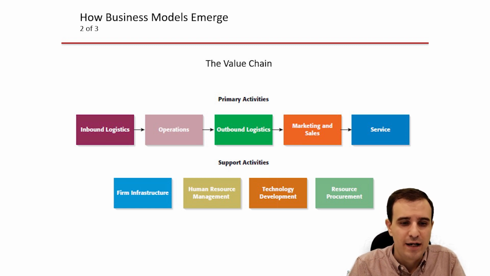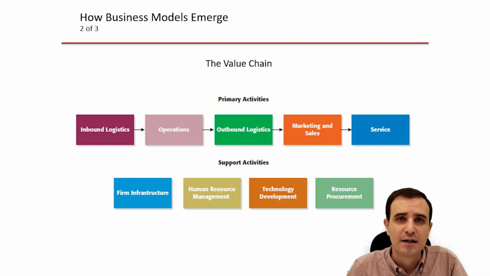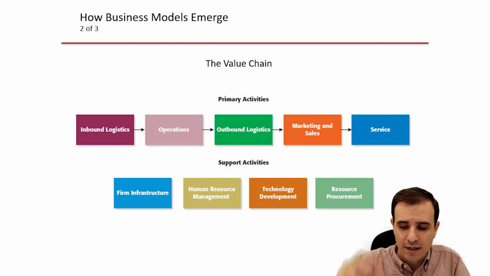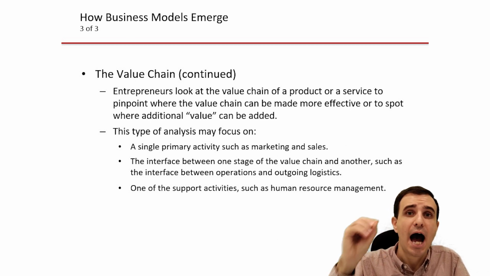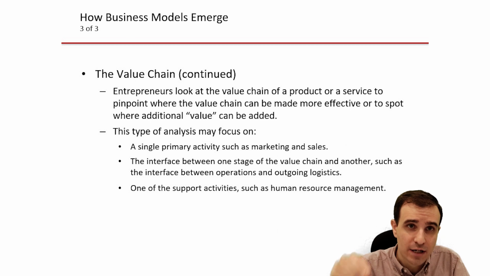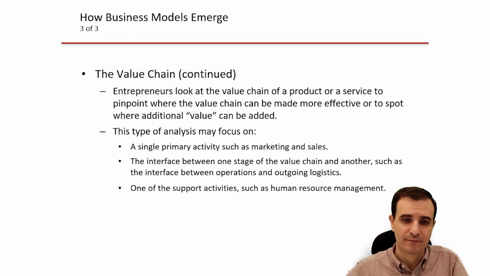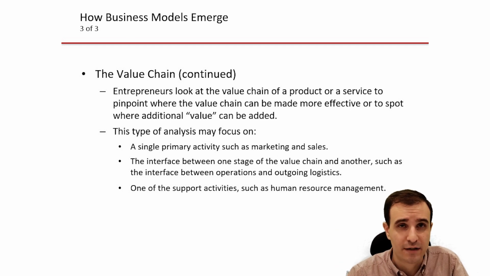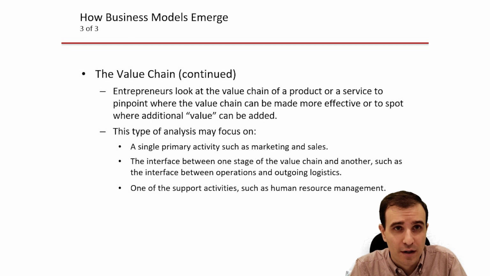So the value chain differentiates between these primary and support activities, and what the value chain helps us understand is how we create value and where we create value. So some companies create value in the primary activities. Some other companies create value in support activities. Or there are cases of companies creating value in both.